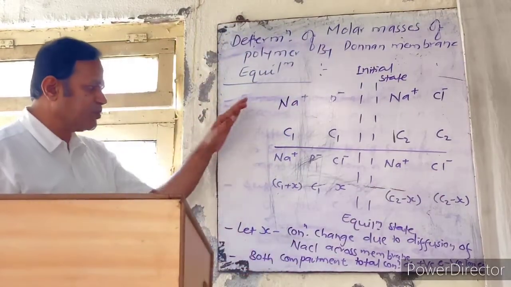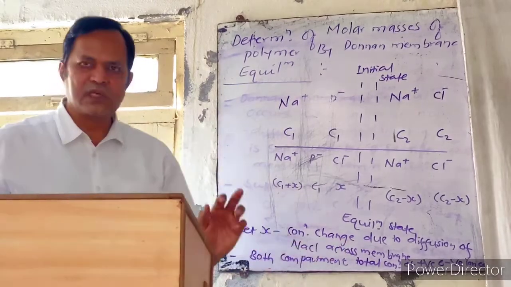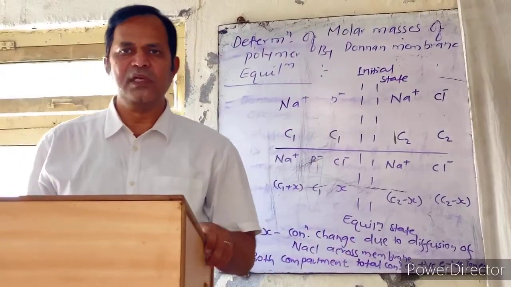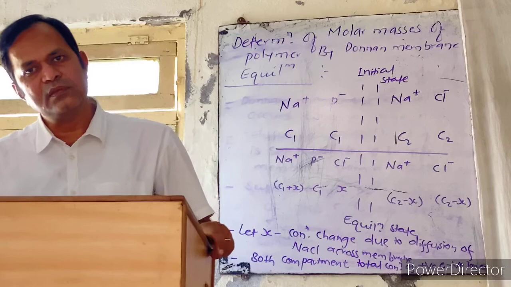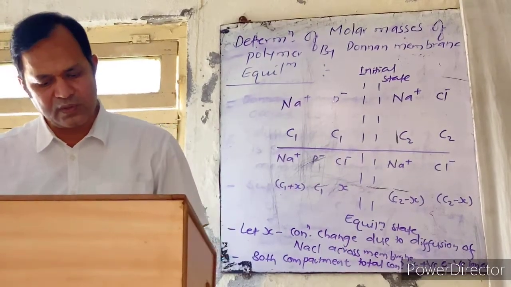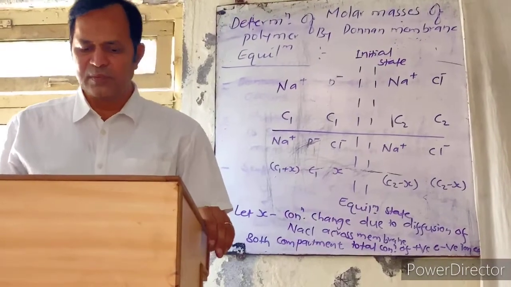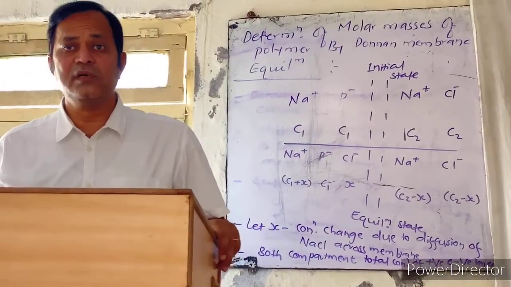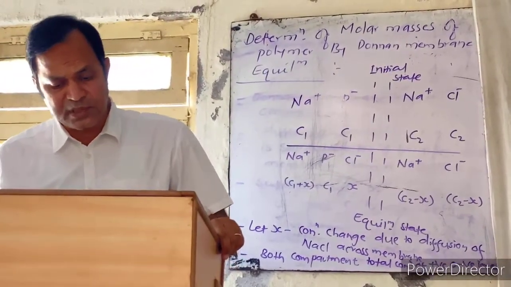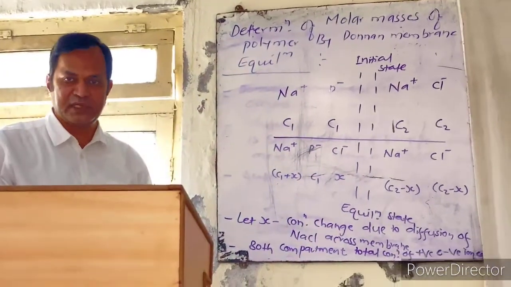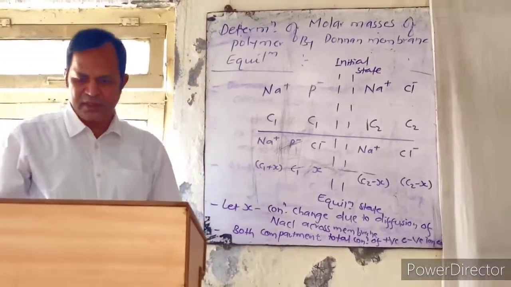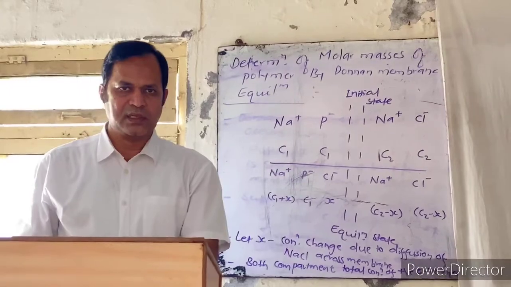Now see, in both compartments the total concentration of positive ions is equal to the concentration of negative ions. That means in terms of chemical potential, the chemical potential of sodium chloride must be the same on both sides of the membrane. We will discuss how by taking the equation.